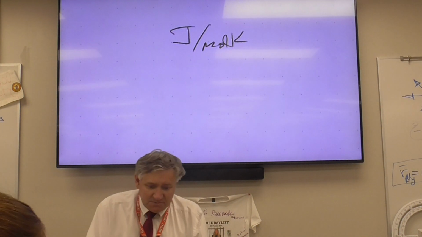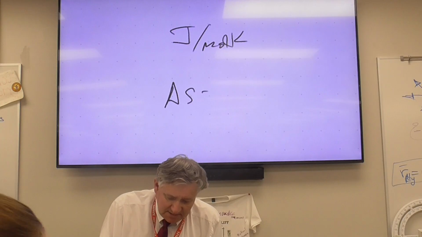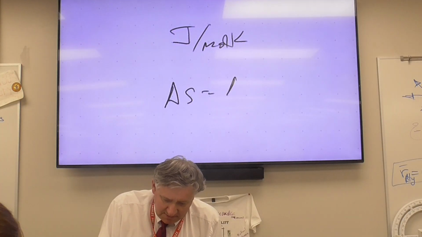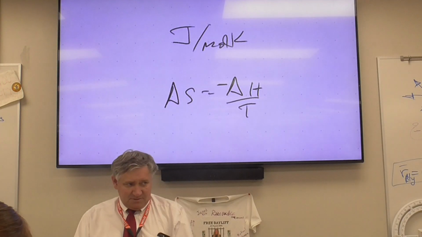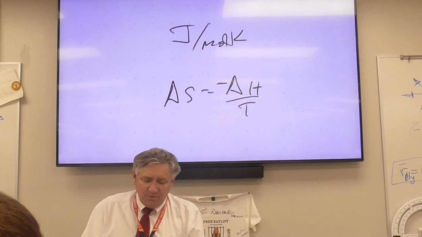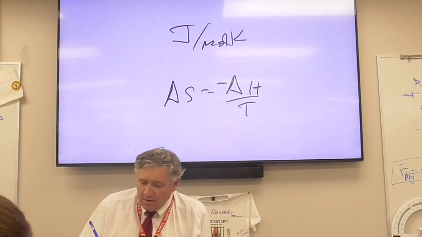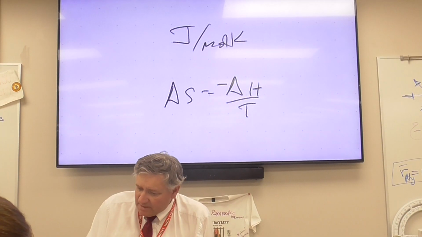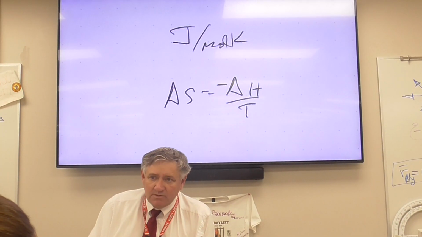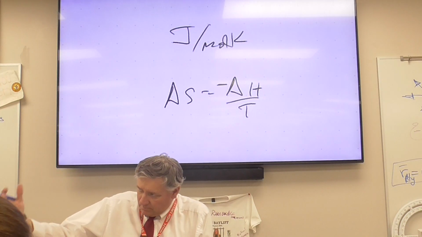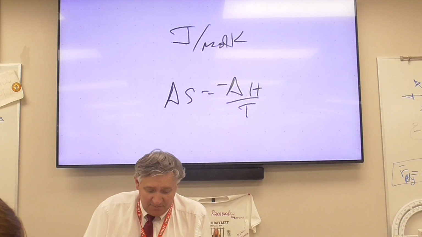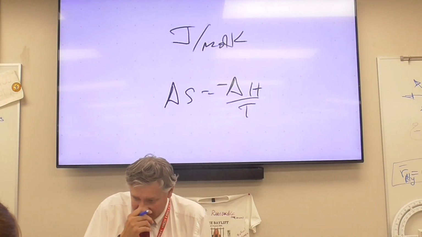And that comes from the idea that delta S equals negative delta H over temperature, okay? So remember, enthalpy, entropy, that type of thing aren't things that we can measure directly. But what we do is we indirectly measure things, and then we infer from that the enthalpy, the entropy, and the Gibbs free energy.